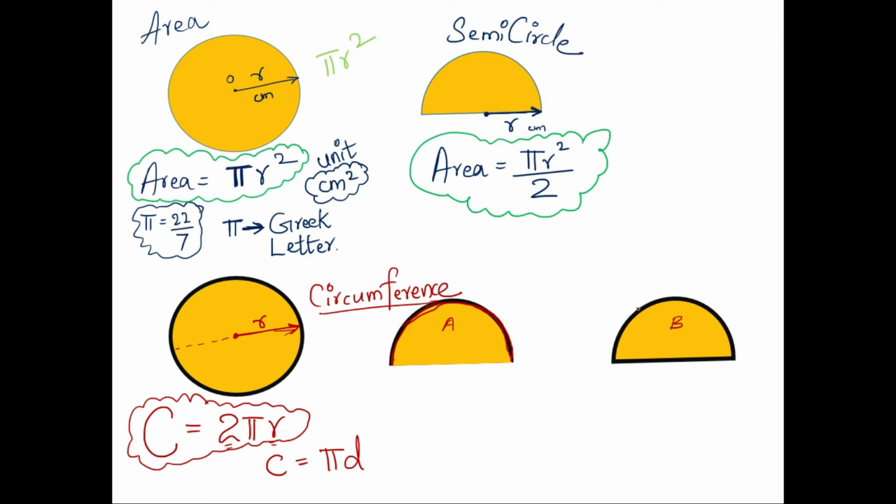You can see that you have the arc part along with the straight length here. So it's a closed border that we are talking about. So the circumference is going to be 2 pi r divided by 2, which is just pi r. So circumference here is pi r.